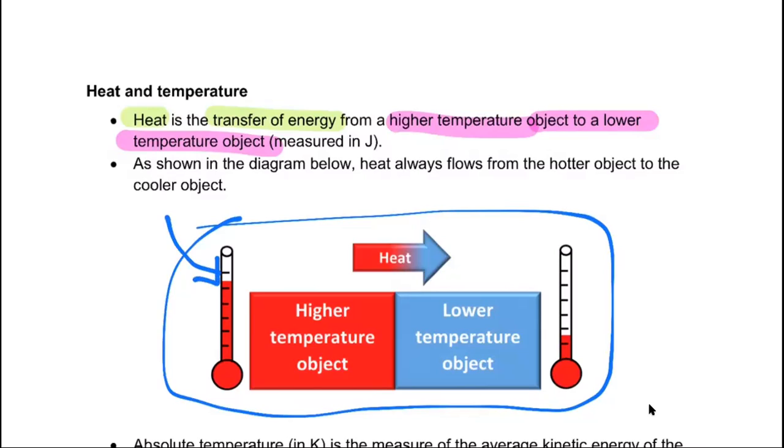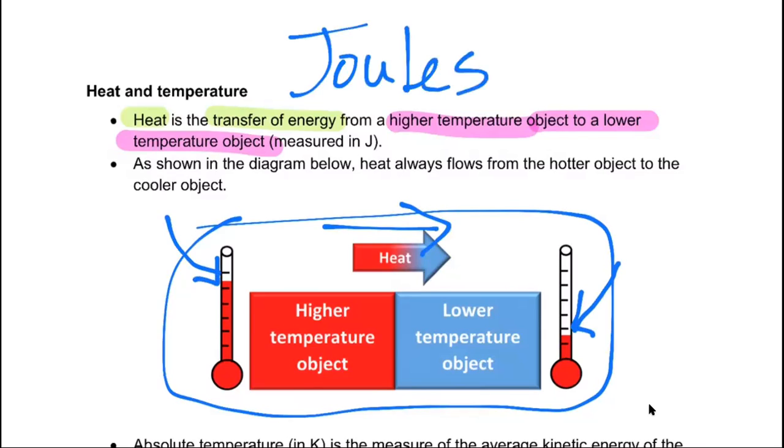When I put it next to an object that has a lower temperature, like this, that energy is going to transfer from the higher temperature to the lower temperature. Heat is measured in joules, and it's abbreviated by a capital J.